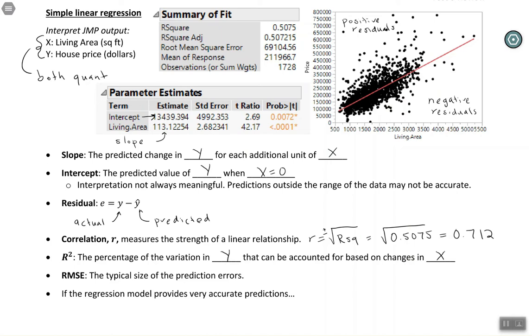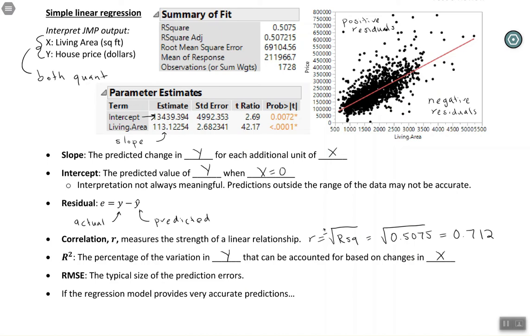And then the root mean square error, or RMSE, that's the typical size of the prediction errors. So here we would say that if we use this model, on average we would be off by a good bit here, 69,104. That's how far off we would expect our predictions to be.